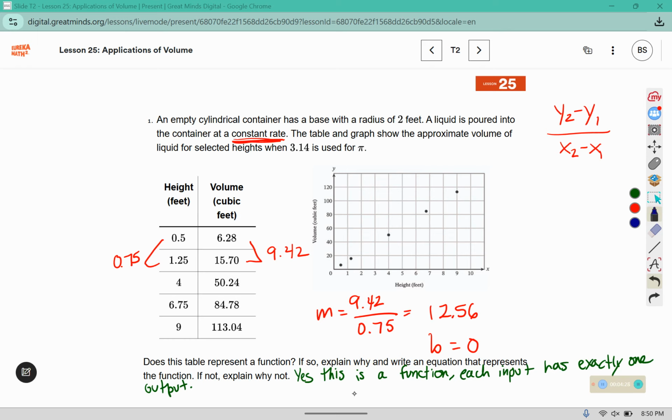So to turn that into an equation, y equals mx plus b. You don't necessarily need the plus 0. You can remove it because adding 0 is not going to change this value.